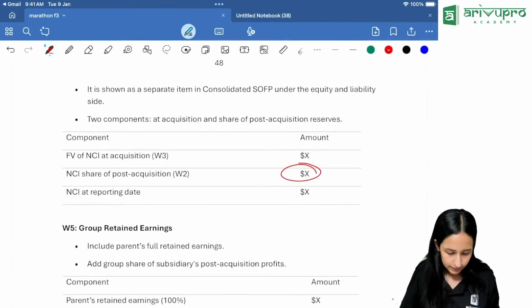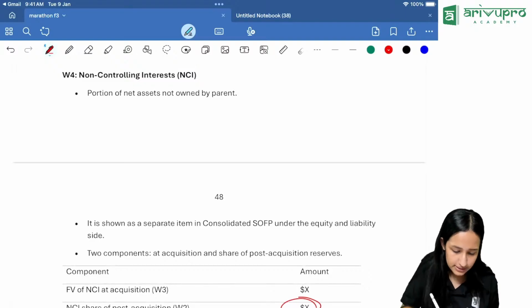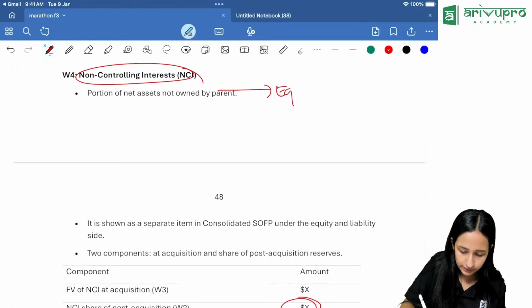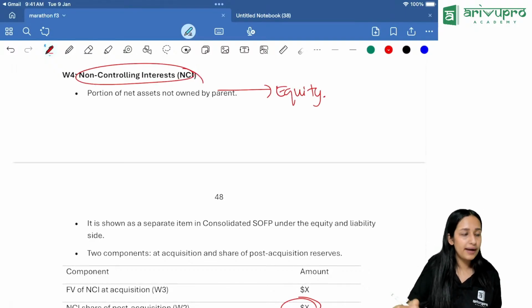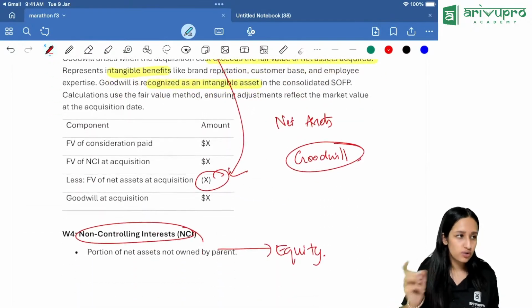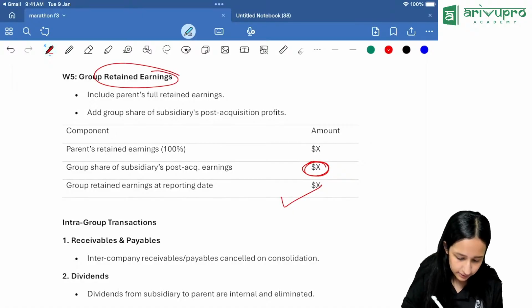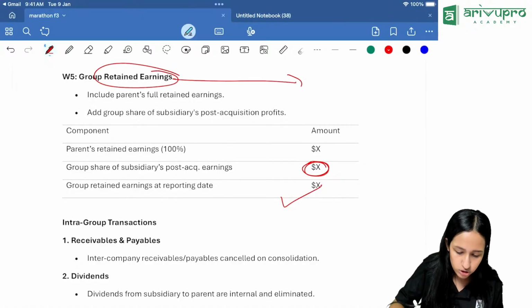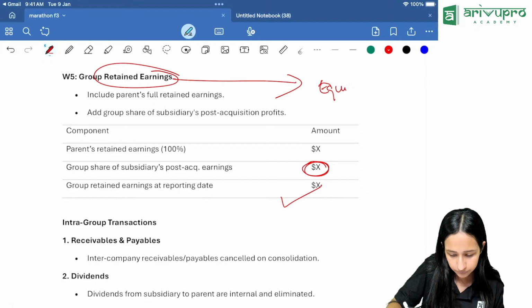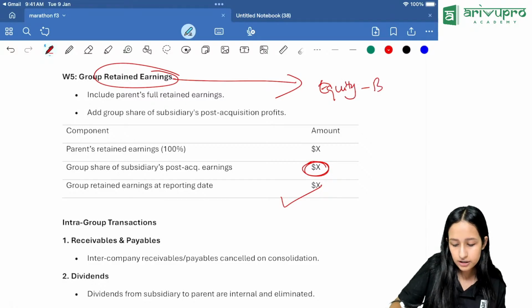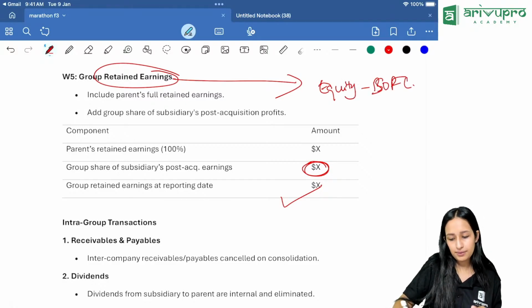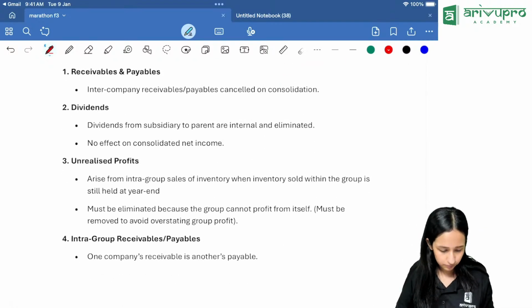Next, for working note 4, this NCI will come under equity in your SOFP balance sheet. Retained earnings will also come under equity in the SOFP. Got it?